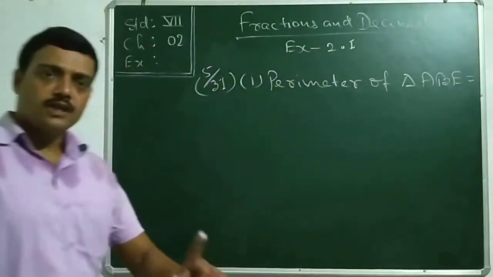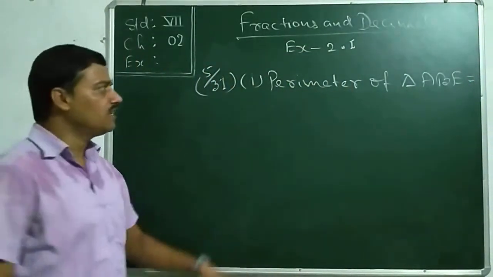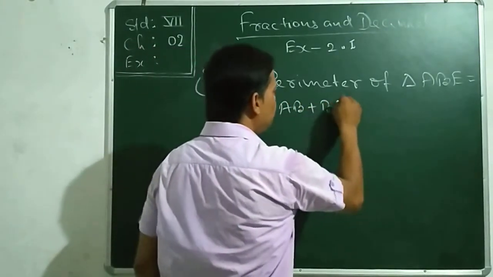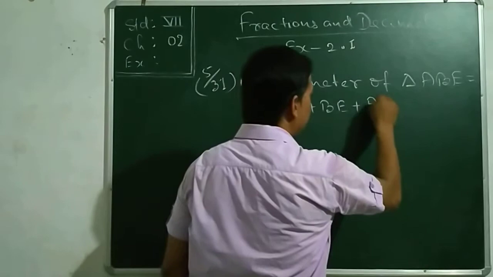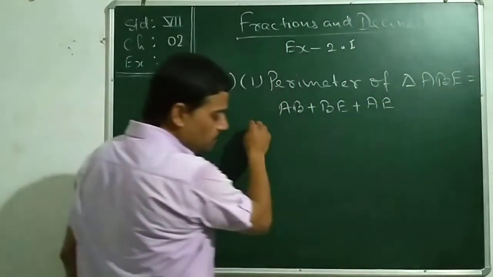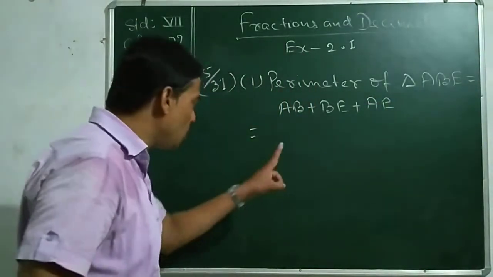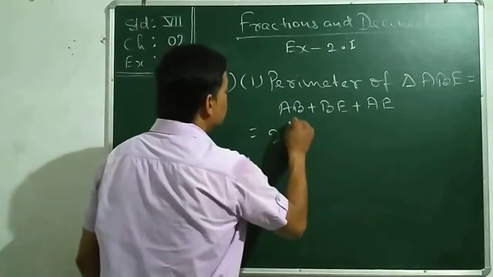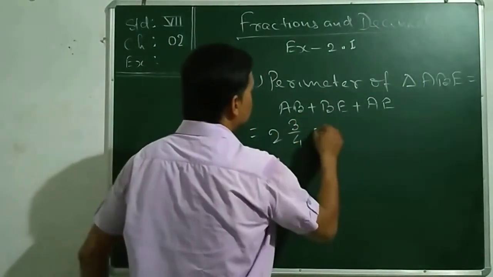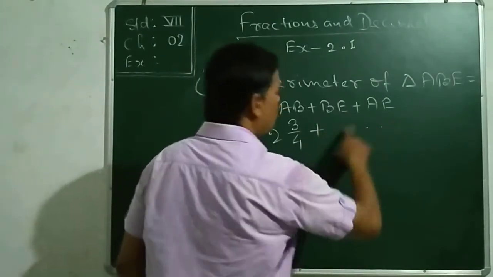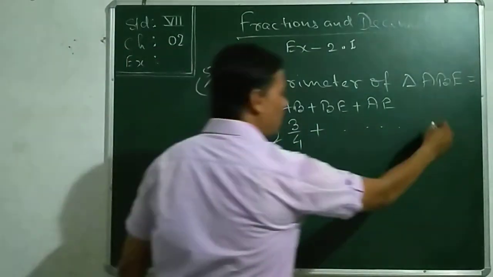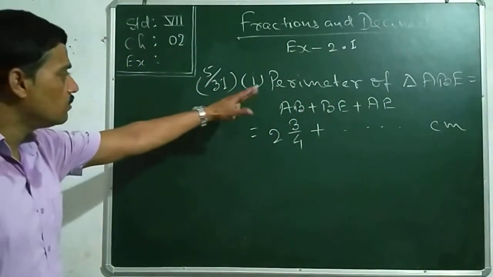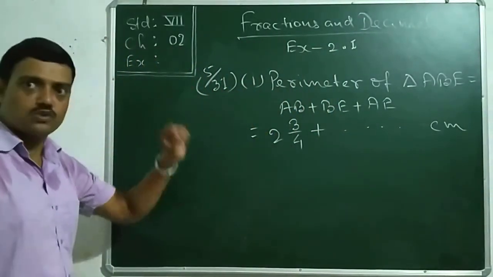Of course, the perimeter of the triangle will be the length of AB plus BE plus AE. Put the values against all of them. AB is 2 whole 3 by 4 plus, you will put all the values, calculate them. That would be the answer for the first one.